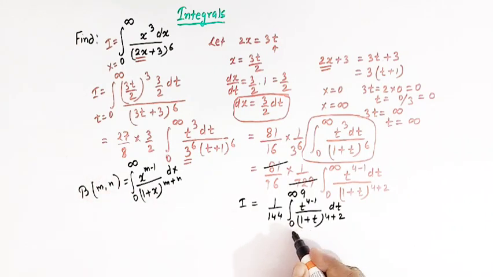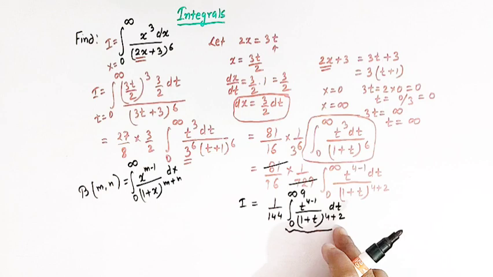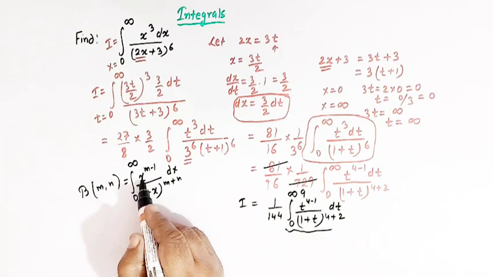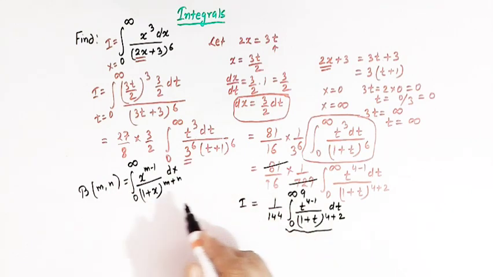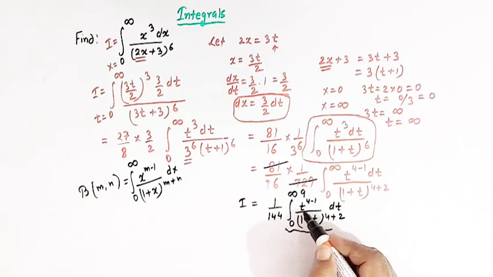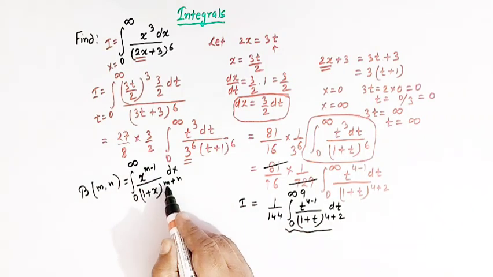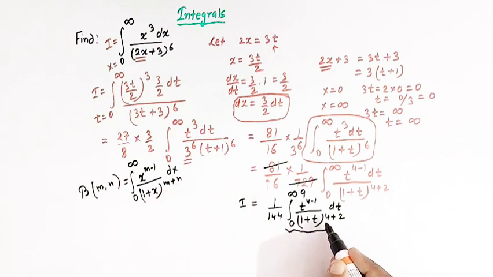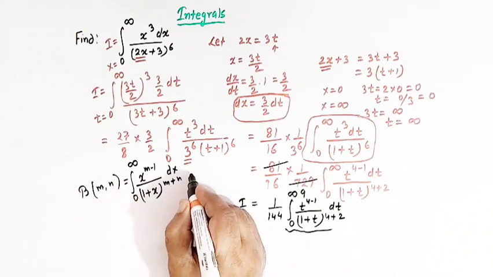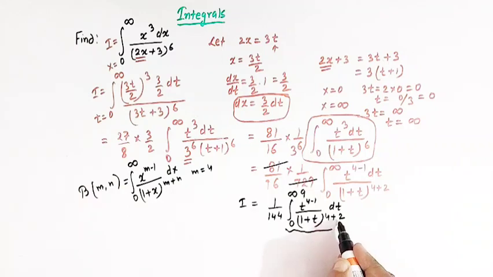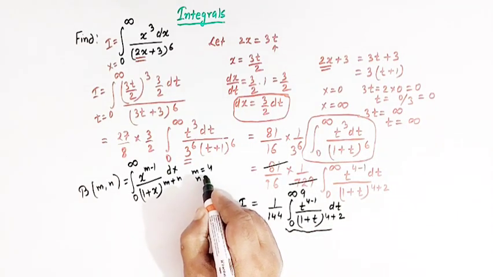Now see, our integral is exactly the same as this one, except the variable. Here we have the variable t, here we have the variable x, so we can ignore it because this is a dummy variable. So if we compare this integrand with x raised to m minus 1 over 1 plus x raised to m plus n, we can see that m is equal to 4 and n is equal to 2.